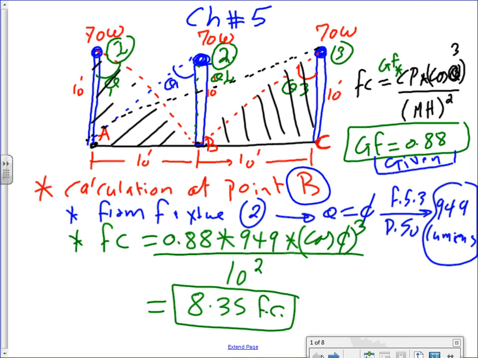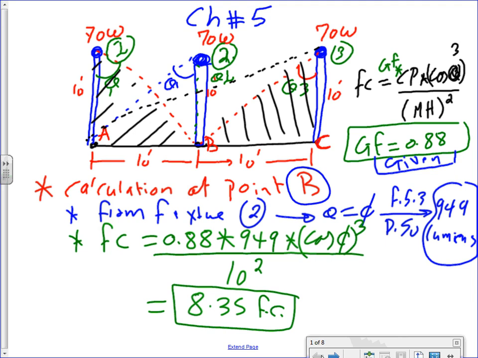Okay, so let's go ahead now to point A. Which one did I do? I did B. I'm doing A. Can you guys tell me one little thing? If I do the contribution from 1 at A, do you guys see that from 1 at A is identical to 2 at B, right?